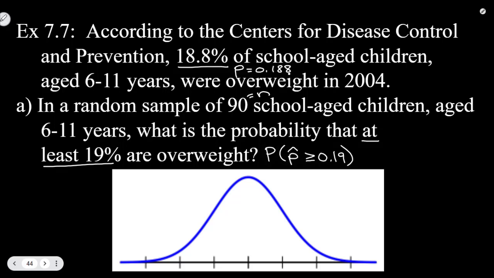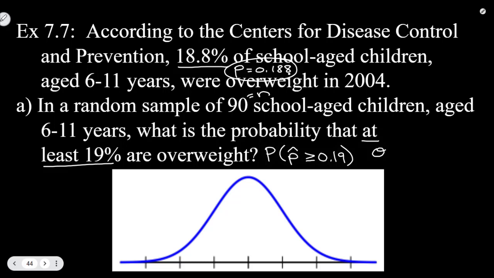Now, in order to do this, just like we did our other problems in sections 6.2 and 7.1, we are going to need to find the mean, which in this case is the population proportion. We also need to find the standard deviation. So that's where our formula comes in.